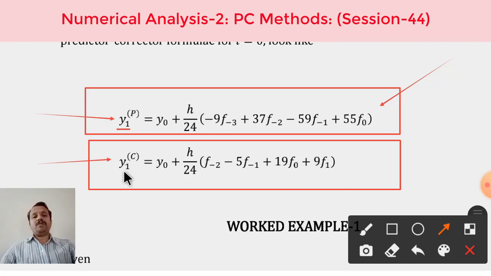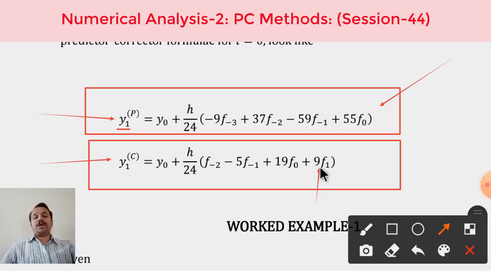So first, you can observe the difference between these two formulae. The predictor formula had f0, f minus 1, f minus 2, f minus 3, but here f minus 3 is not there, and one extra value which comes into the picture is f1. This is very important, we have to note it down. So f1 is the new thing here.